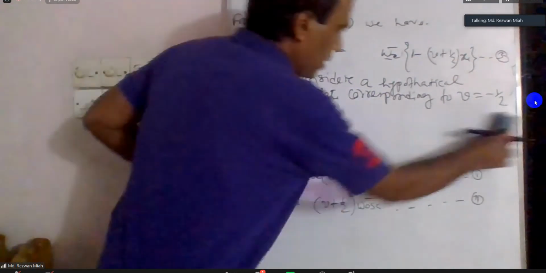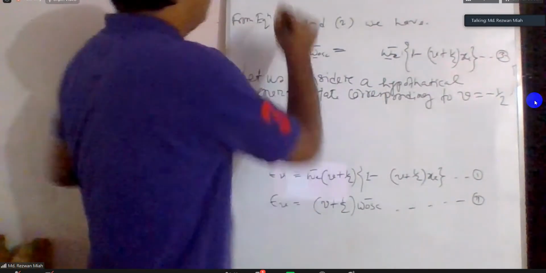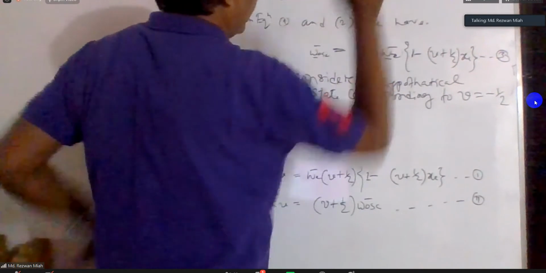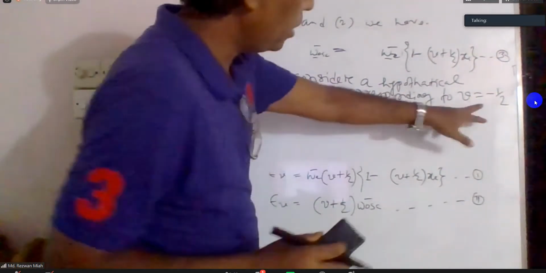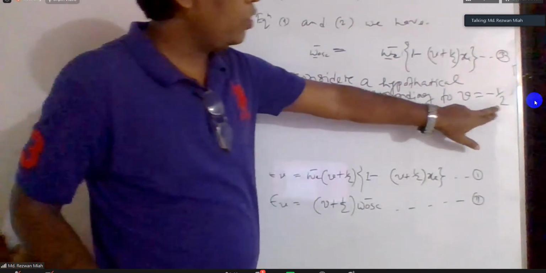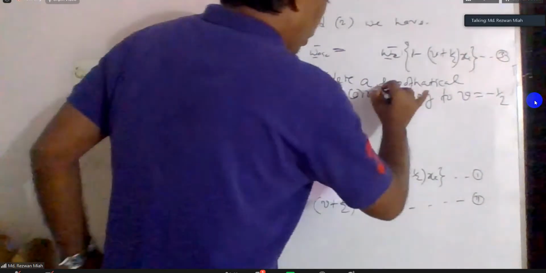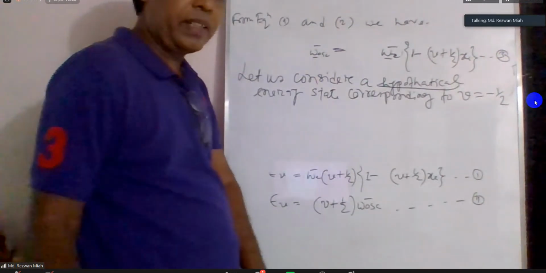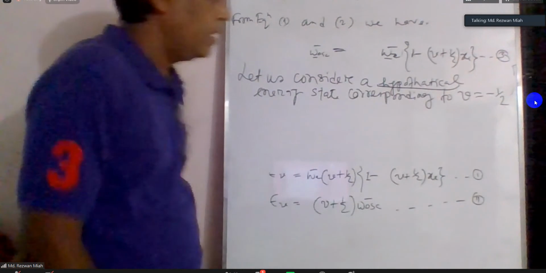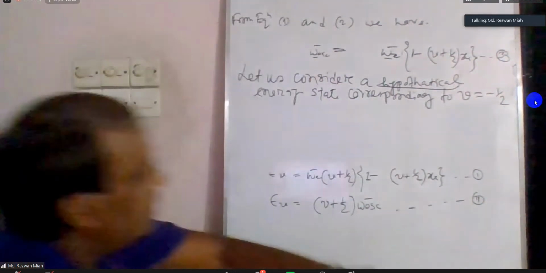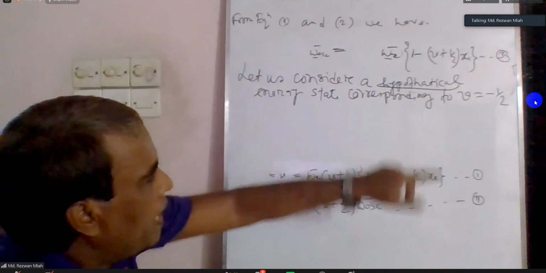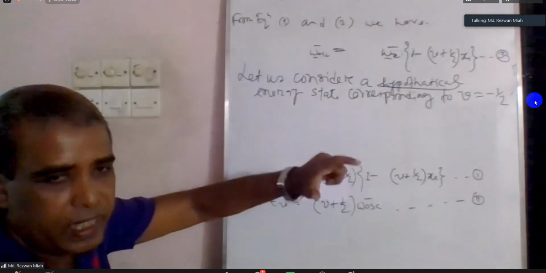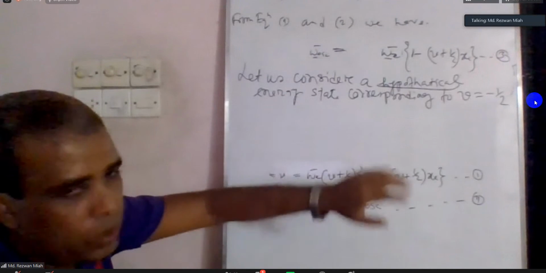Students, remember that mu can have value 0, 1, 2, 3, etc. But here we are considering mu equal to minus half. That's why we call it a hypothetical energy level. Because for mu equal to minus half, in practice there is no such energy level. But hypothetically we can consider such an energy level where mu is equal to minus half.